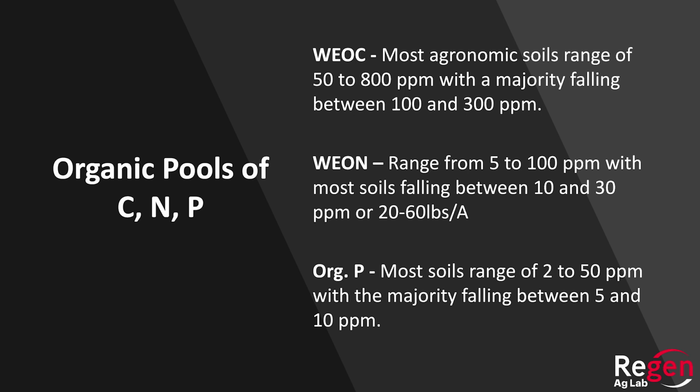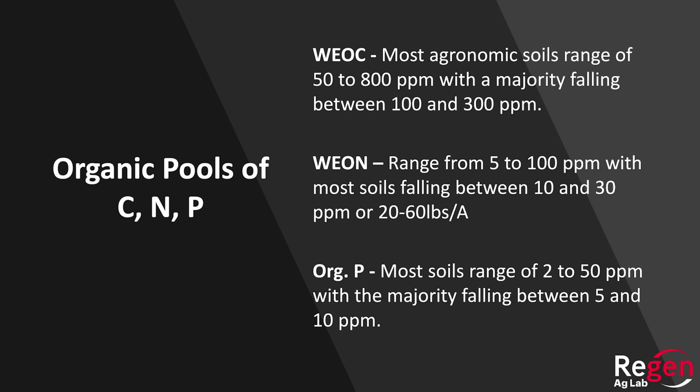A lot of people ask me, where should some of these numbers be? The water extractable organic carbon, most soils I've analyzed range between 50 and 800. I think I saw some ranges today looking at results somewhere between 150 all the way up to 600 on a few soils. Most of them did fall pretty close to this, between 100 and 300 range.